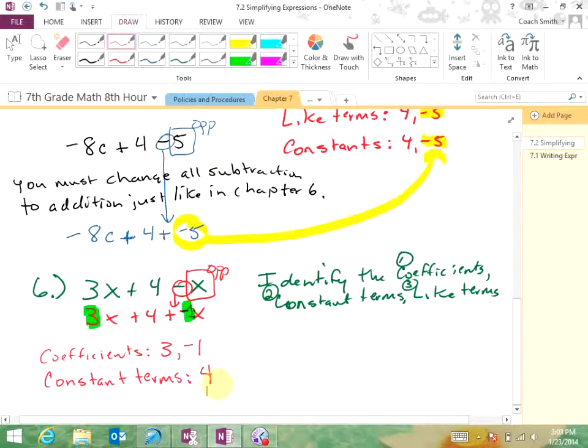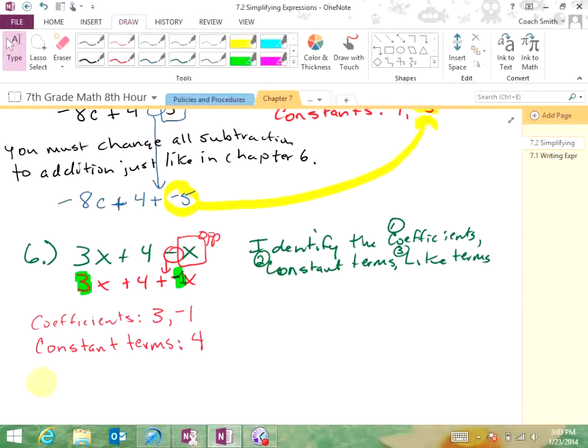And the last one they want us to see is the like terms. The like terms are those terms that are exactly identical as far as the variable goes. Not what's in front of the variable, but just the variable. Okay?